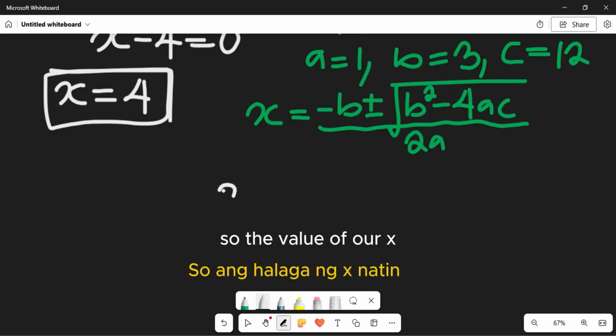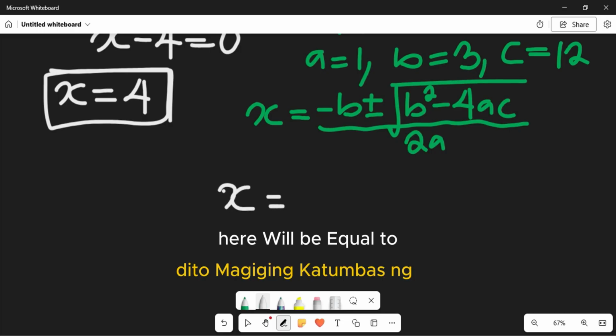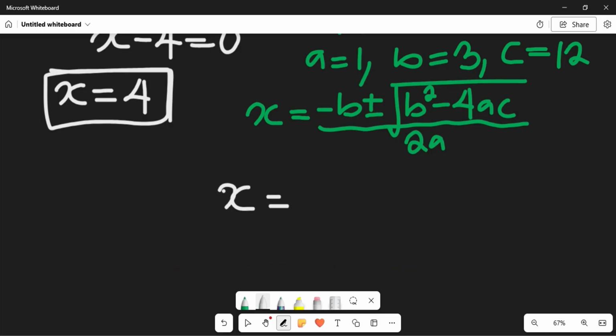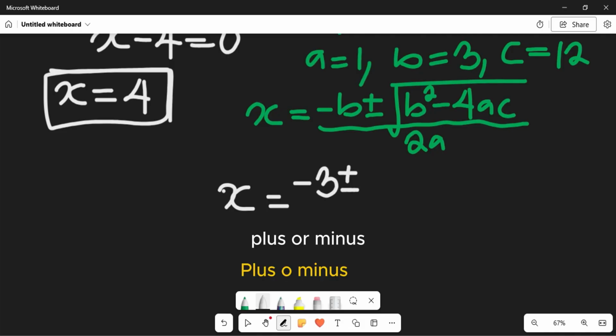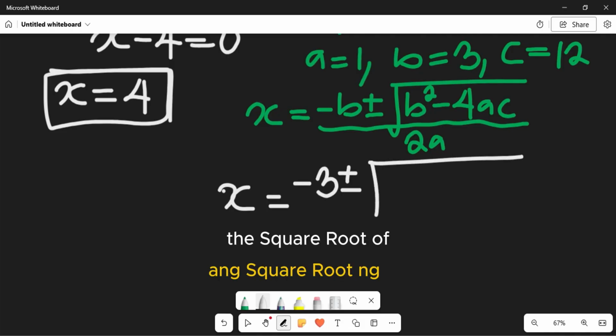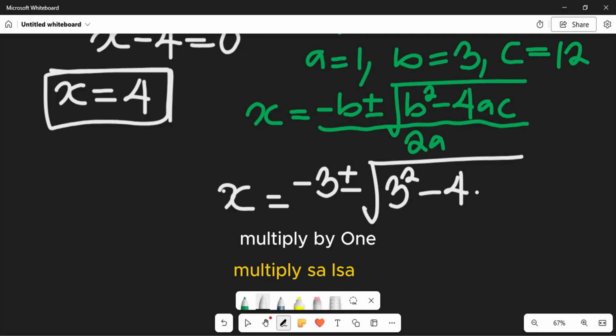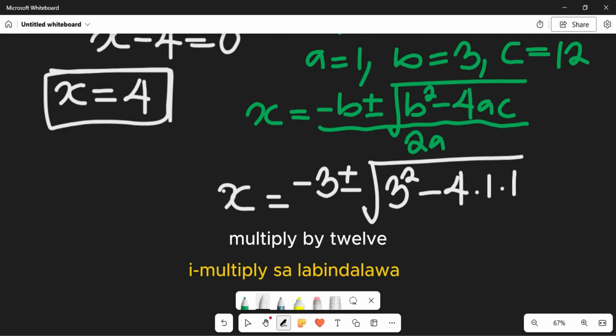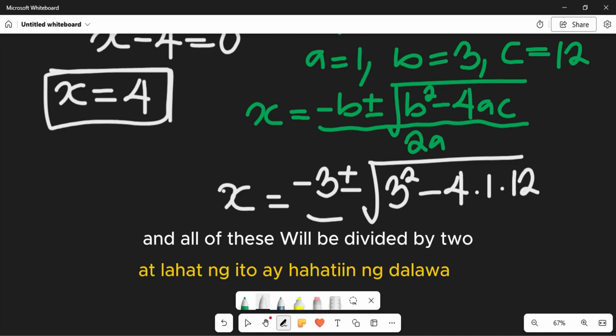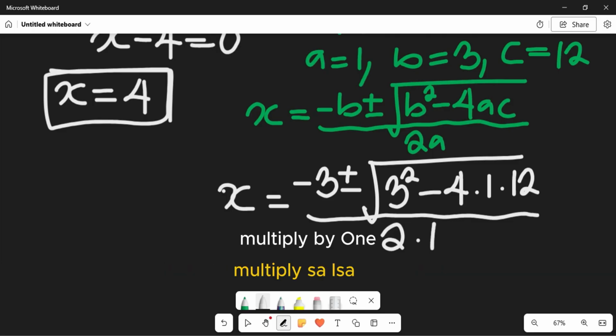So the value of x here will be equal to negative 3 plus or minus the square root of 3 squared minus 4 multiplied by 1 multiplied by 12, and all of this will be divided by 2 multiplied by 1.